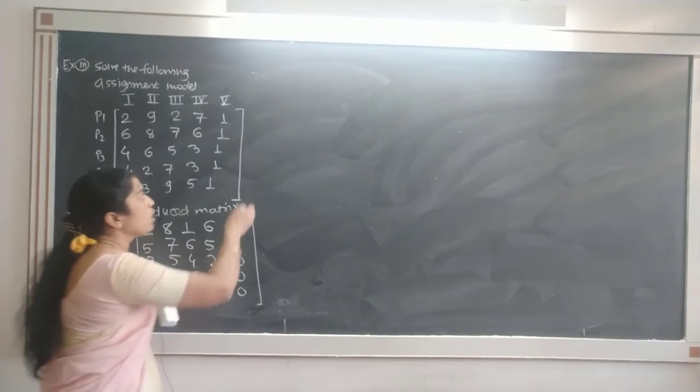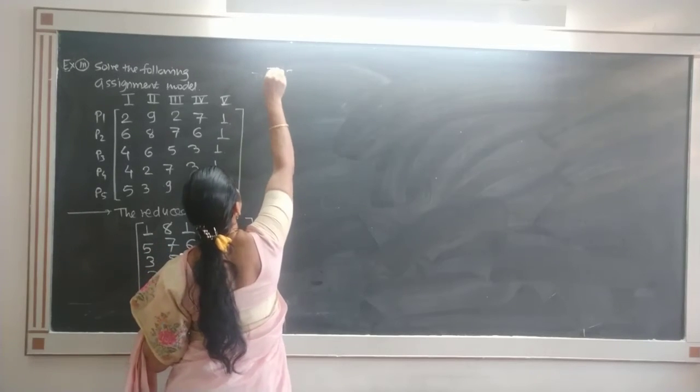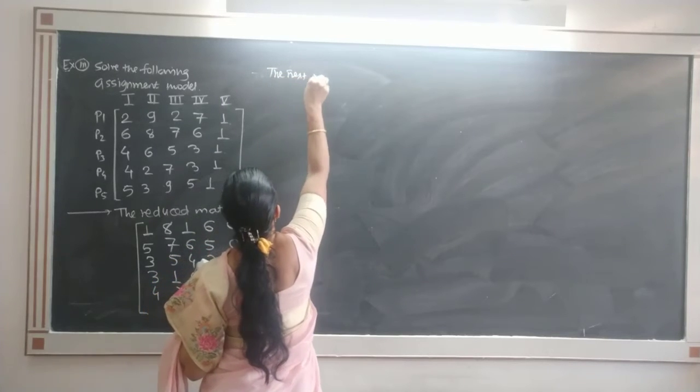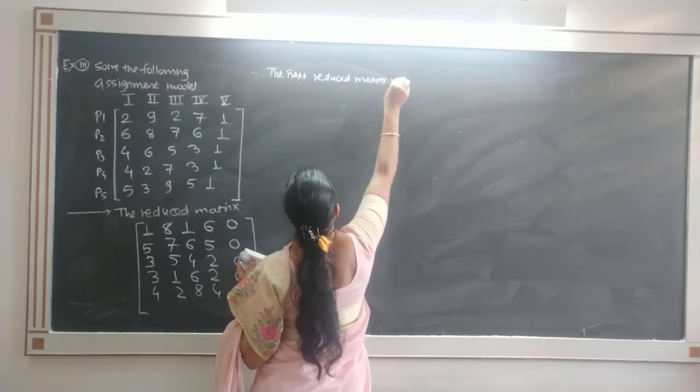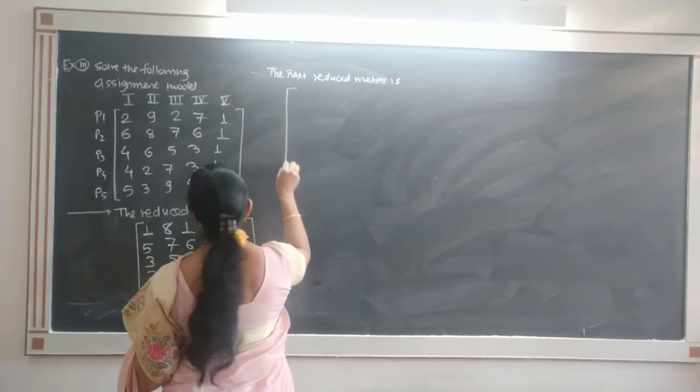Now each column should contain 0. So the next reduced matrix is from each column we are subtracting the smallest.